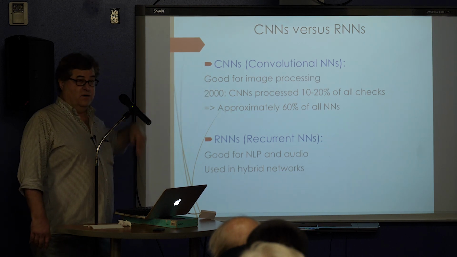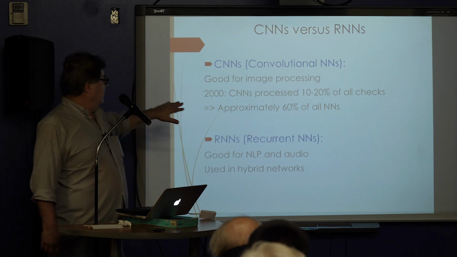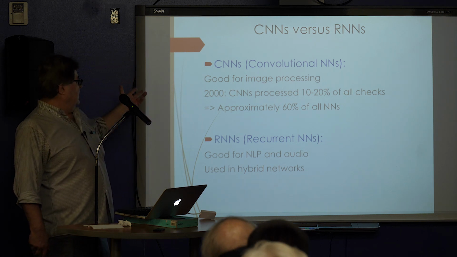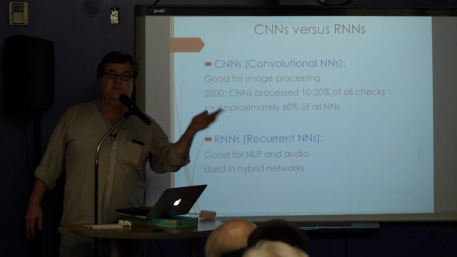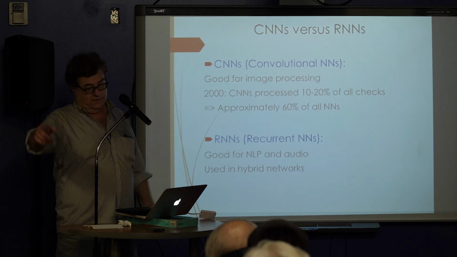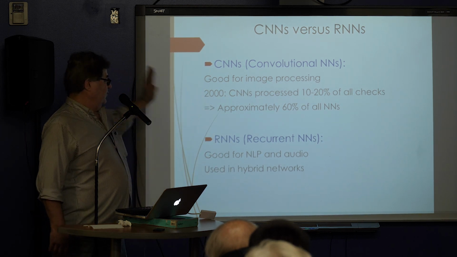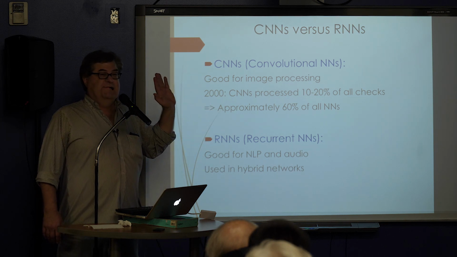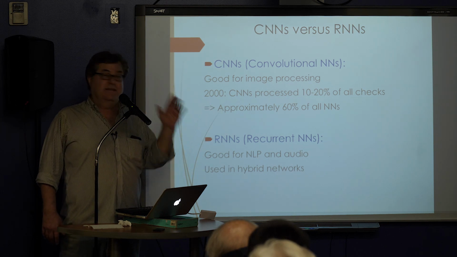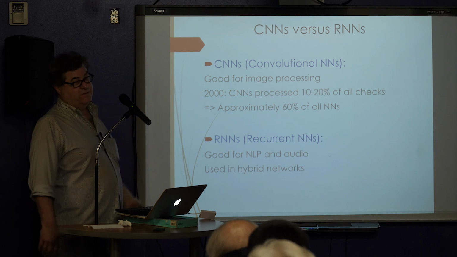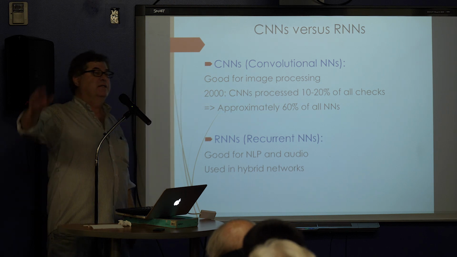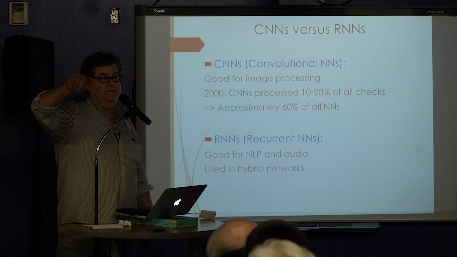I mentioned CNNs and RNNs. As of 2 years ago, approximately 60% of neural networks are CNNs, which we're going to look at in a minute. And then there's the rest of them. What's interesting, when I showed you that first neural network, by the way, deep neural network means it has at least 2 hidden layers.